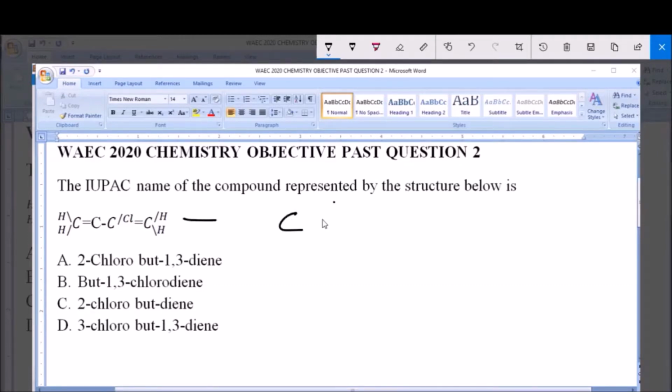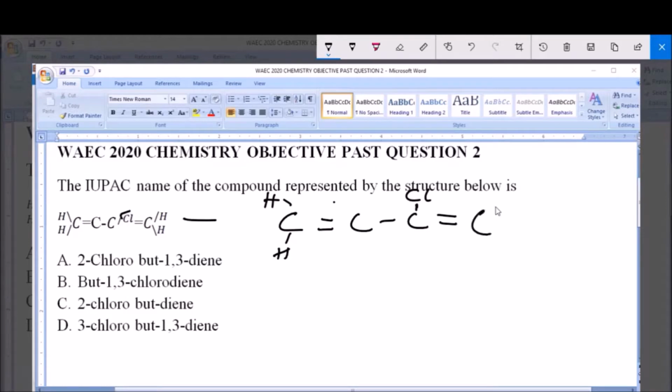So what you have is this. This is the first carbon, this part. The second carbon, see it here. The third, this one here, has the Cl attached to it, and hence it is represented this way.